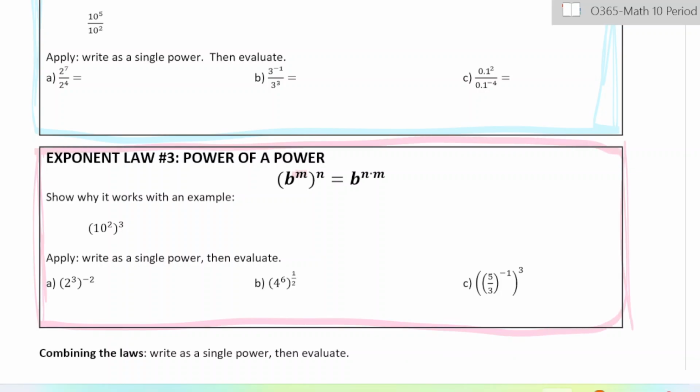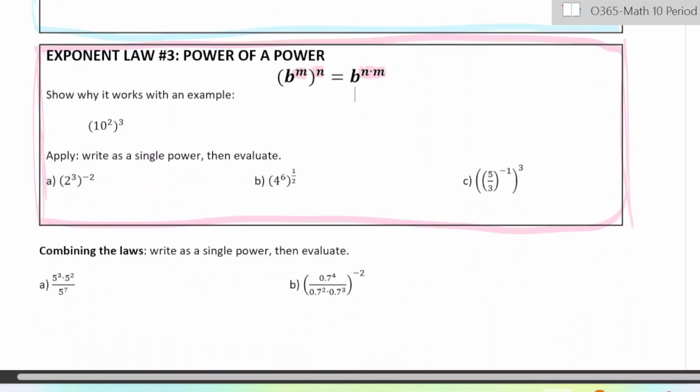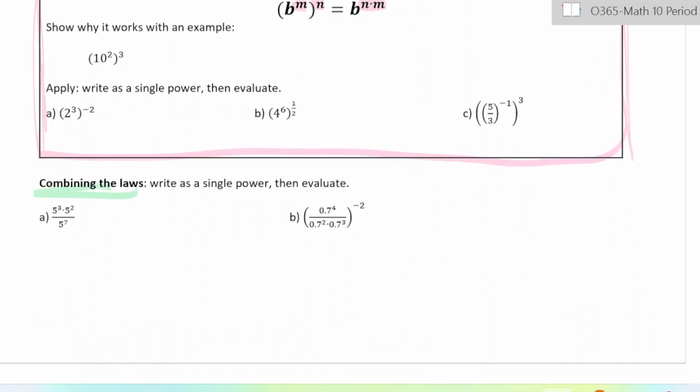That one is a power of a power law. So when we have one power and then another power of that power, we end up multiplying the exponents. We'll talk about why that works, and we'll do some examples. Then at the very end, we will combine all the laws together and do more than one law at one time to evaluate some expressions, okay?